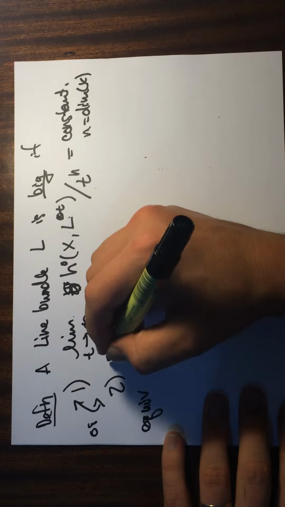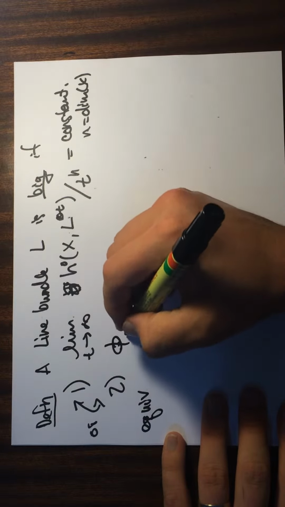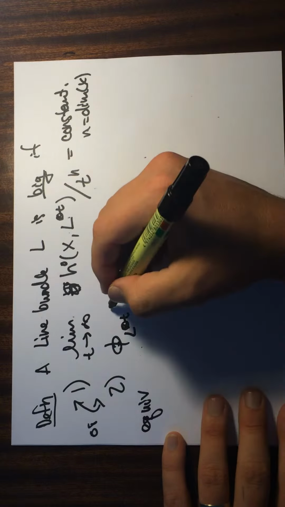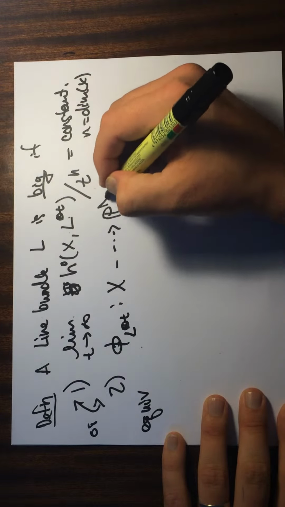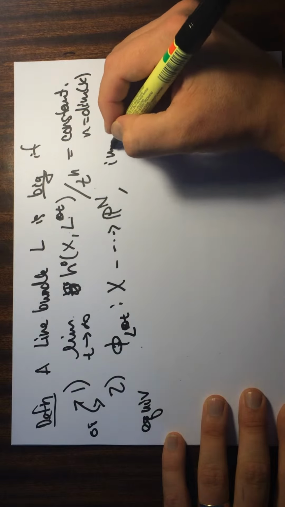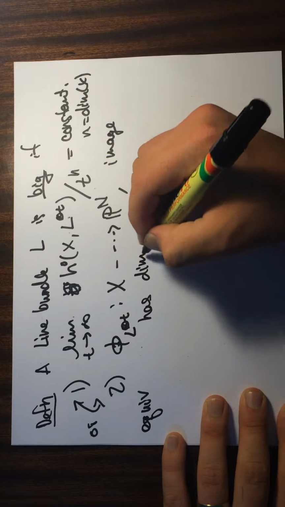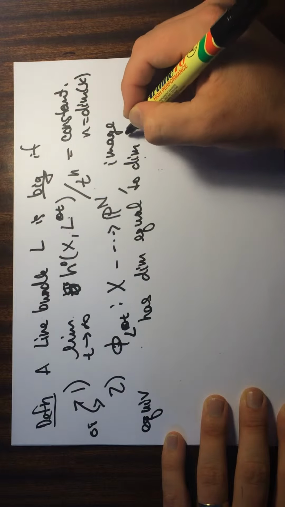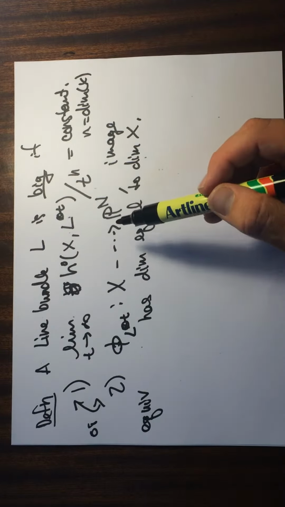Take L, and look at the rational map associated to some power of it, from X to some projective space, and it says that the image has dimension equal to the dimension of X. And then it will be ample when this gives an embedding.